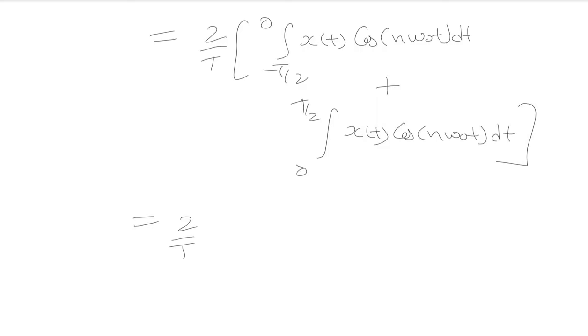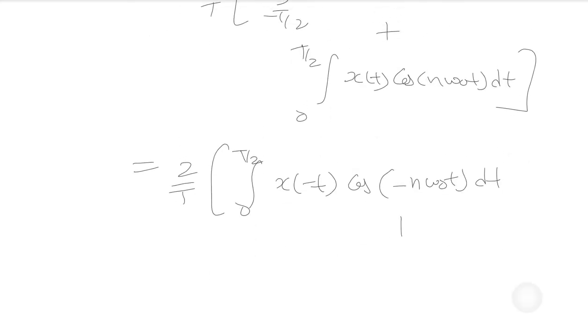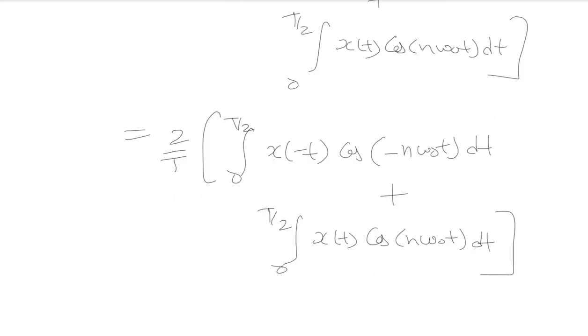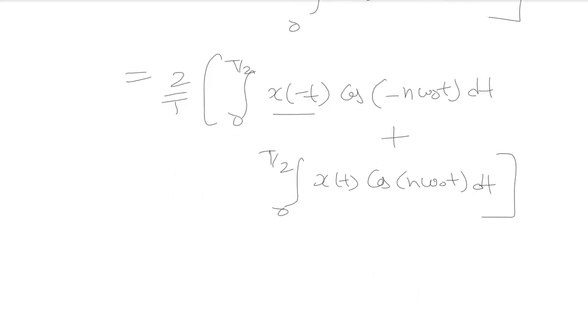We get 2 by T, 0 to T by 2 x of minus t cos of minus n omega naught t dt plus 0 to T by 2 xt cos n omega naught t dt. Now x of minus t is equivalent to xt because it is an even function.